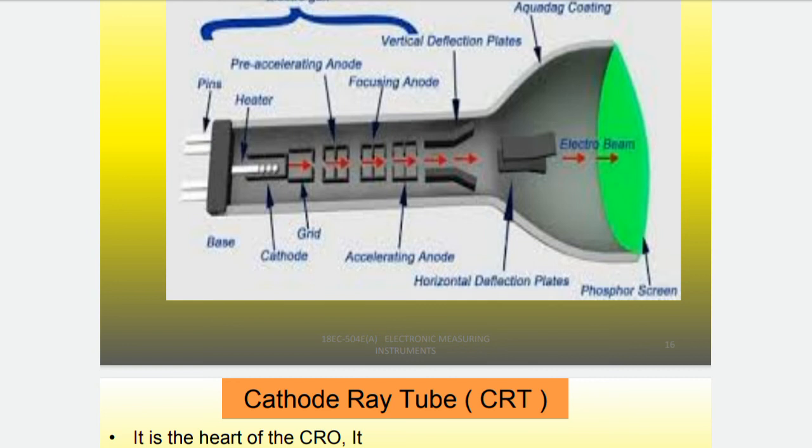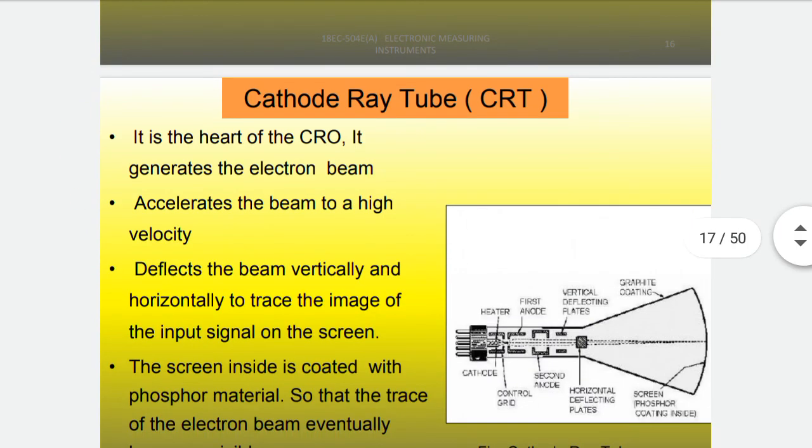These electrons are accelerated to a high velocity and are brought to focus on a fluorescent screen. The electron beam produces a spot of light wherever it strikes. The electron beam is deflected on its journey in response to the electrical signal under study. The result is that the electrical signal waveform is displayed visually.